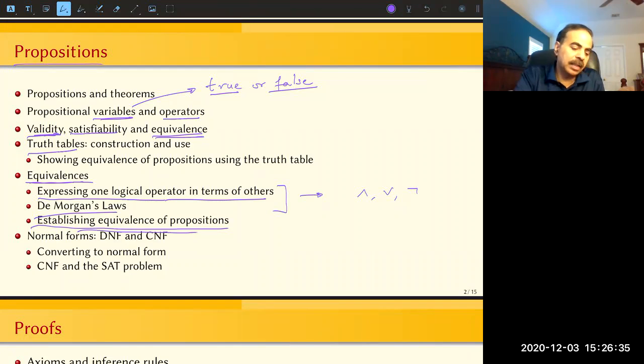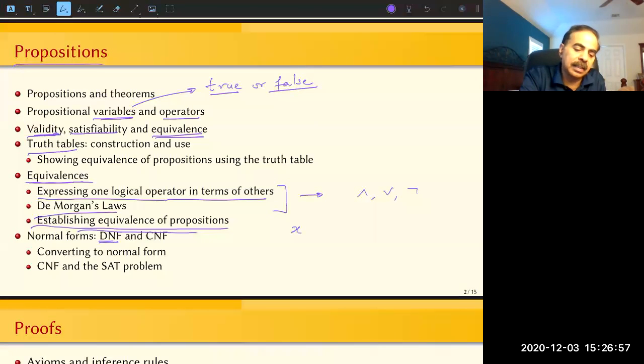Okay. And then we talked about normal forms, such as the disjunctive normal form, where you have all the disjunction operators at the outermost level, and then conjunctions, right? And then at the innermost level, there can be negation, right?